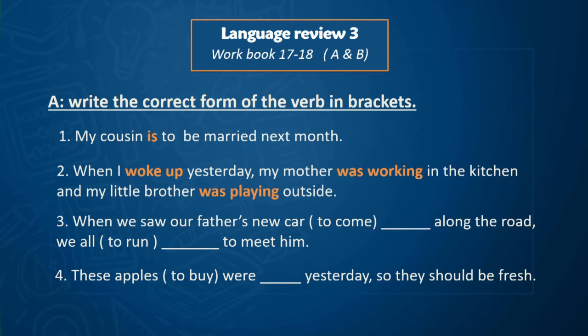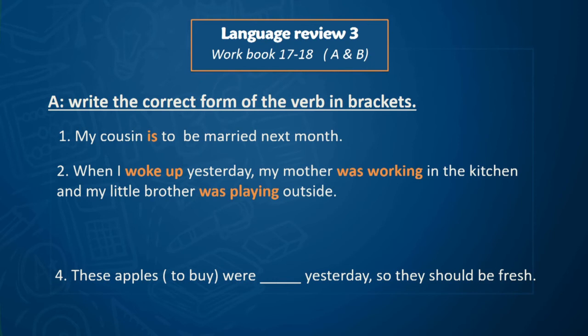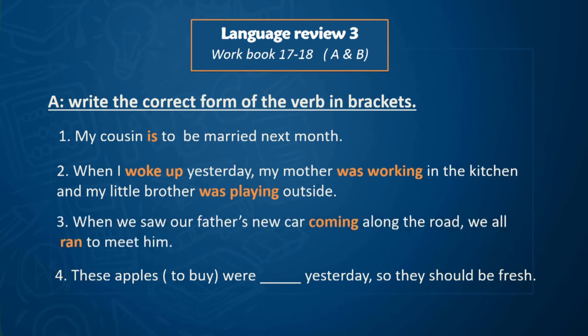So what about come now? Think of it. Compare your answer with the model answer now. When we saw our father's new car coming along the road, we all ran to meet him. Okay? What about number 4?